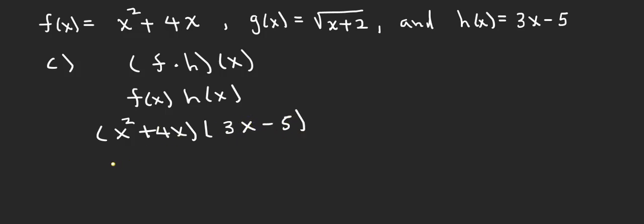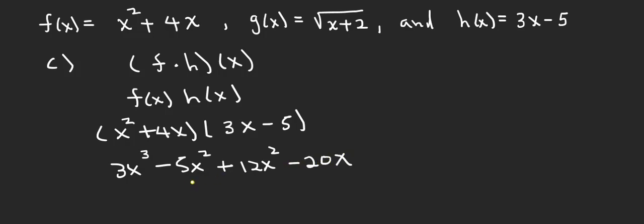So you end up getting 3x cubed minus 5x squared plus 12x squared minus 20x. Add up the like terms, you're going to get 3x cubed plus 7x squared minus 20x.